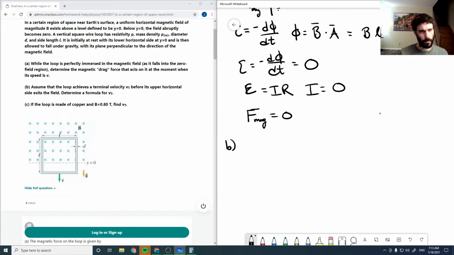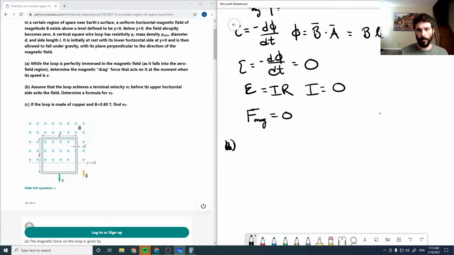Now that we have that, while the loop is perfectly immersed as it falls into the zero field region, determine the drag force when its speed is v. So I'm just going to do the drag force as it comes out of the field region.